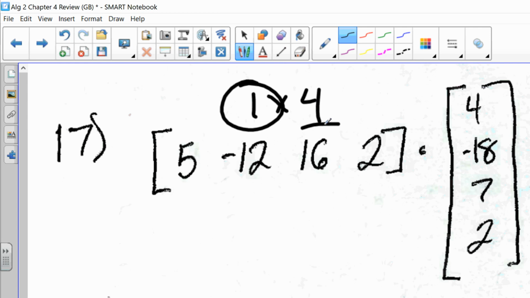On the answer key, there's a weird space between the 5 and 2. I fixed the key so it looks like one number, not 35 and 2. It is one number, 352. Any other questions on these here? 20? Okay.